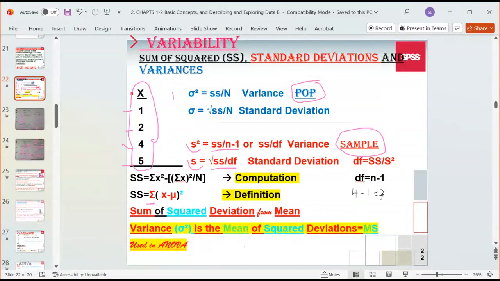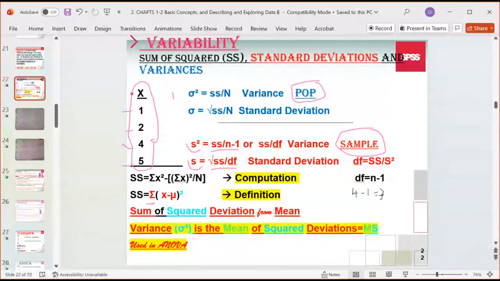SS stands for sum of squared deviations from the mean, and this is called the definition. Definition of SS: sum of squared deviations from the mean.